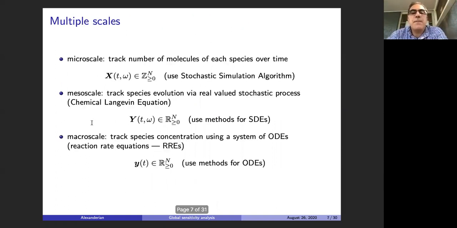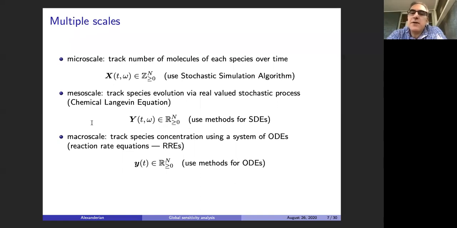All right. So what are the scales here? We can consider a model in the microscale where I track the number of molecules of each species over time. So here X is going to be a stochastic process that takes non-negative integer values. You can simulate the stochastic system.